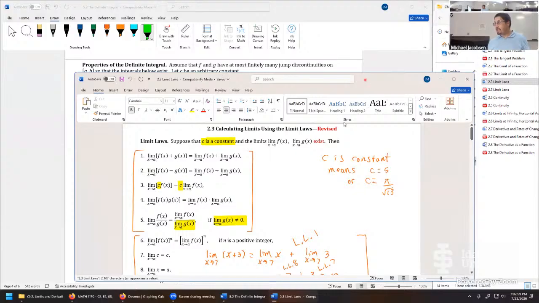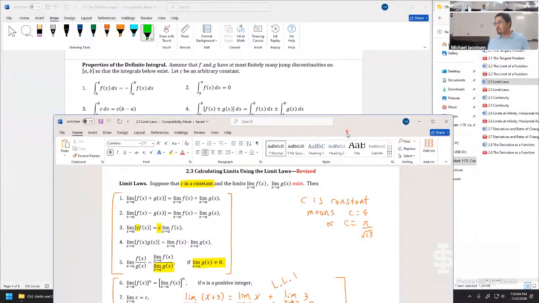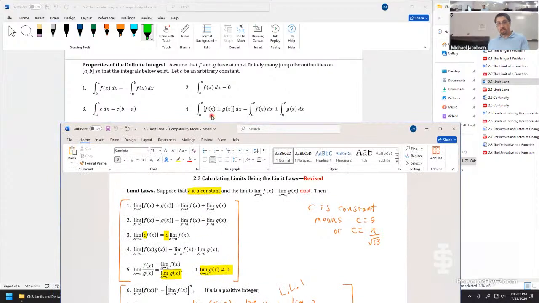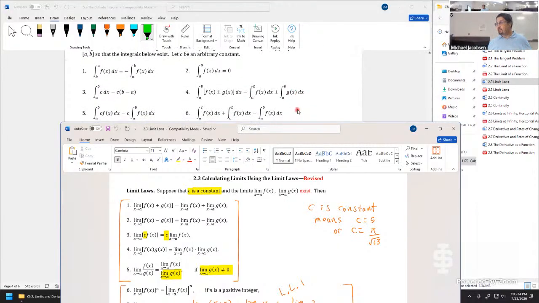For example, this definite integral property right here, property number 4, says if you're integrating f of x plus g of x, you can break it down, whether adding or subtracting, into the integral of the function f plus or minus the integral of the function g. The reason that works is just property 1 for the limit laws. This is just a limit here, this is another limit, and you can just place them together.